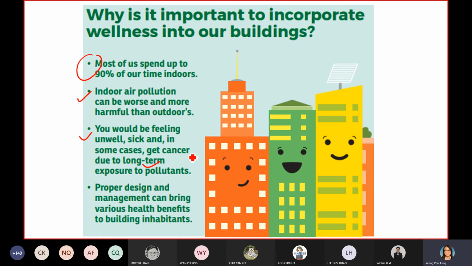Some of the indoor air pollutants, you cannot smell them, you cannot see them, but they are there. And they are quite harmful as compared to the outdoor. As a result, proper design management is very important to maintain a healthy benefit for the building occupants.